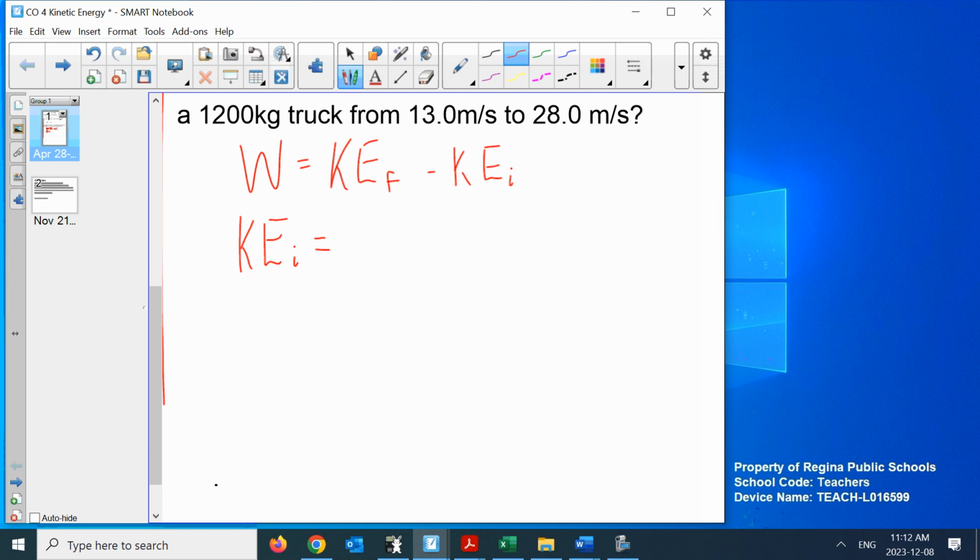So our first one, 1/2 mv squared. I'm just writing down the formula because I'm getting used to it. 1/2, and in physics, the basic mass unit is kilograms, so we're going to keep it at 1,200. And then 13 meters per second.